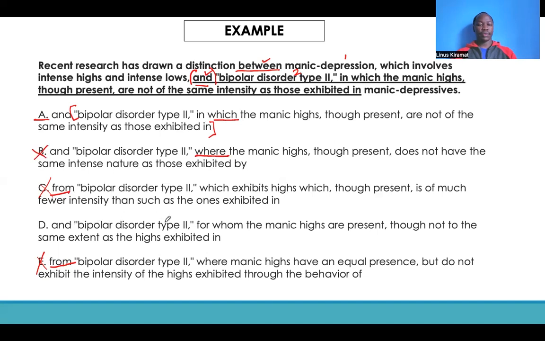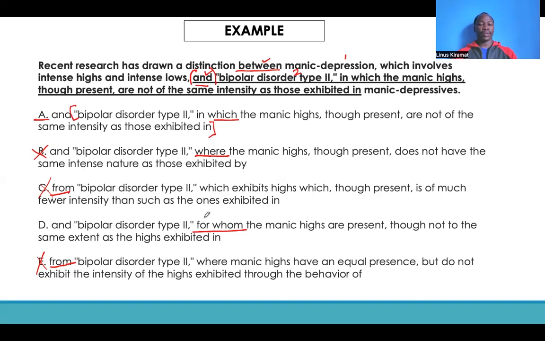And bipolar disorder type 2, from whom the manic highs are present, though not to the same extent as the highs exhibited in manic depressives. Now, the use of from whom here is not correct grammatically, because whom would refer to a person. So from whom here is used in reference to bipolar disorder type 2.